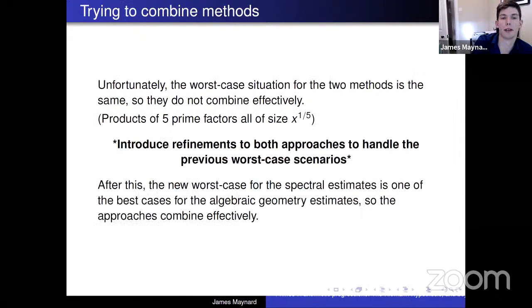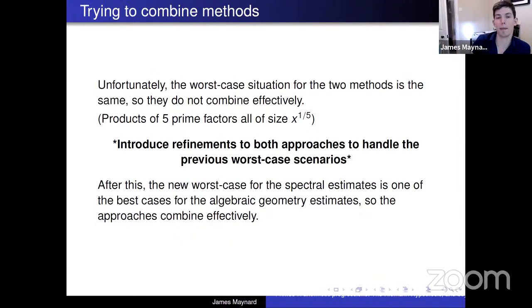So in the interest of time, I don't want to go into too many details about the new ideas, other than there was this annoying feature beforehand that the most difficult ranges, if you were trying to use the Kuznetsov trace formula, basically coincided with the most difficult ranges to handle if you're using the estimates from algebraic geometry.